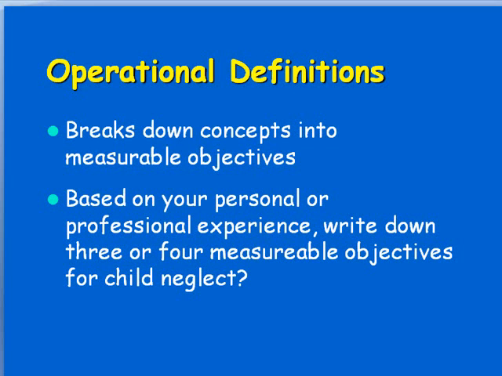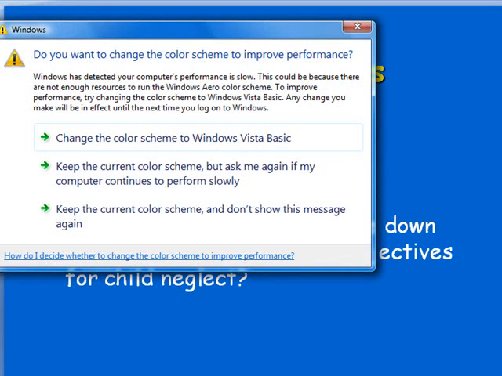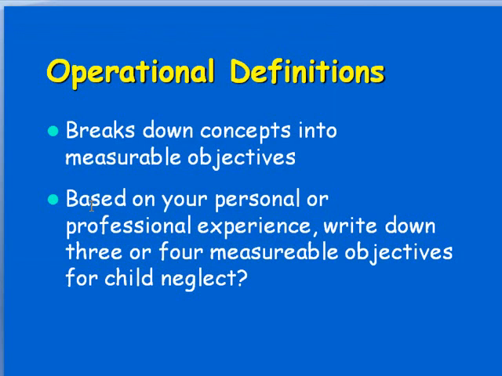Maybe pretend that you're making a checklist for DCS, and you want to list on there items that would indicate that a child had been neglected. So pause the recording and do that, if you will.